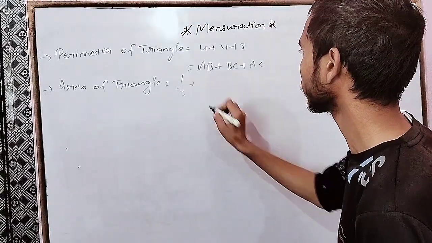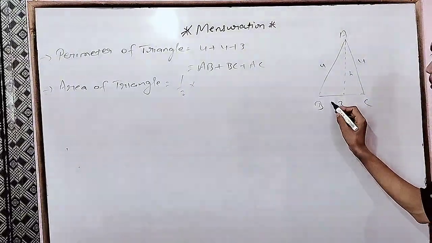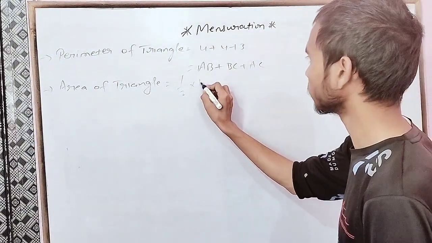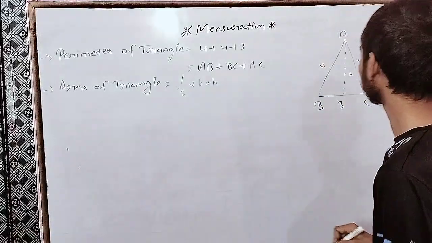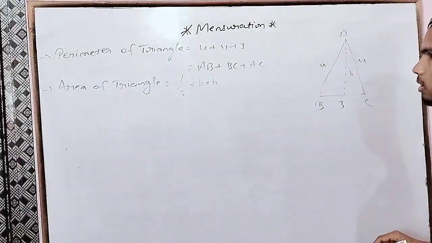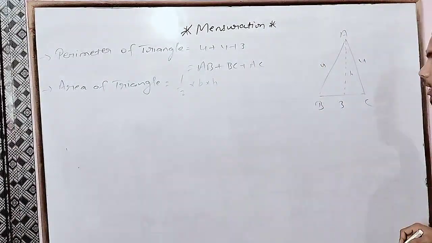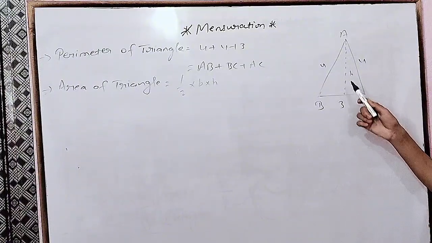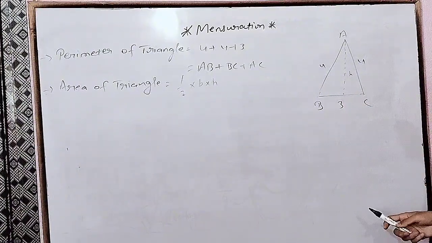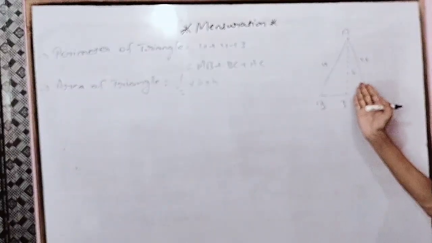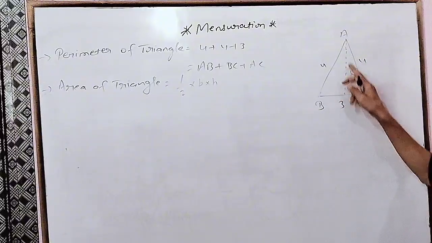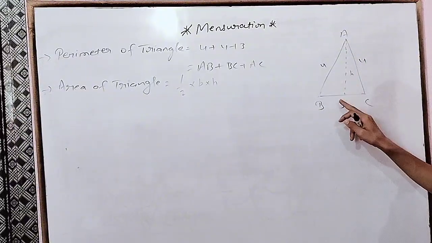That's 1 by 2, and then we have B multiplied by H. Clear? This is the formula for finding the area of a triangle: 1 upon 2 and H multiplied by B.